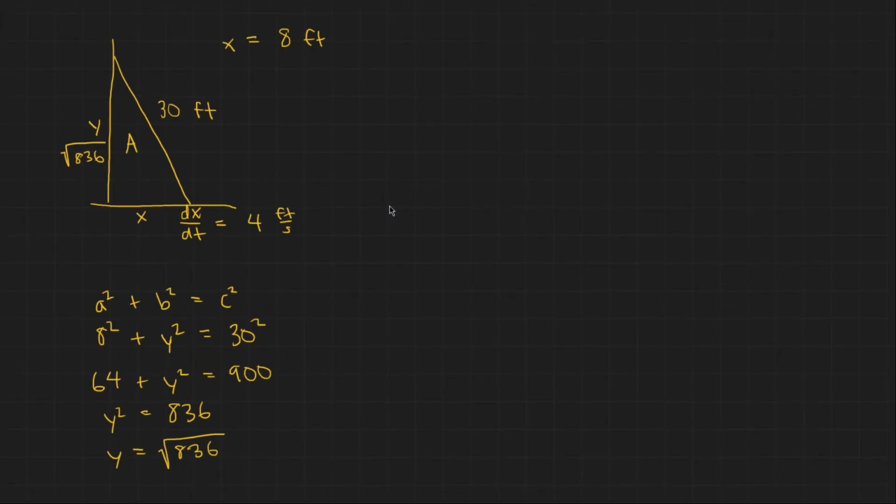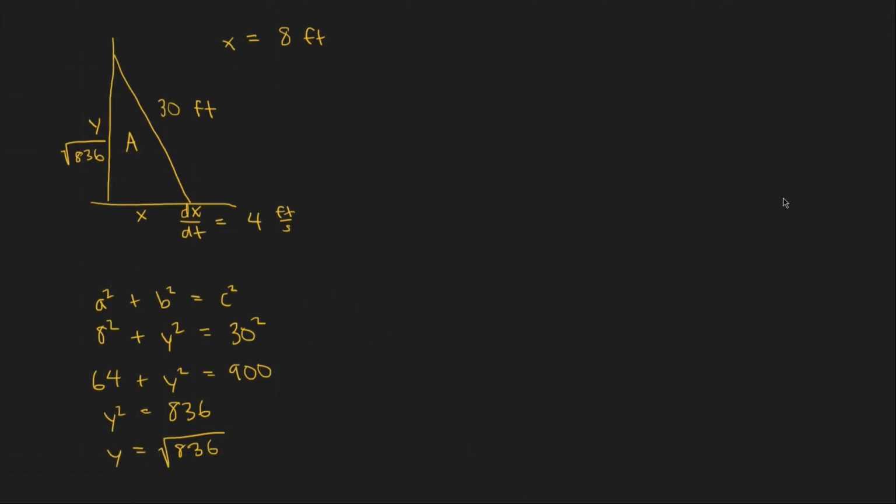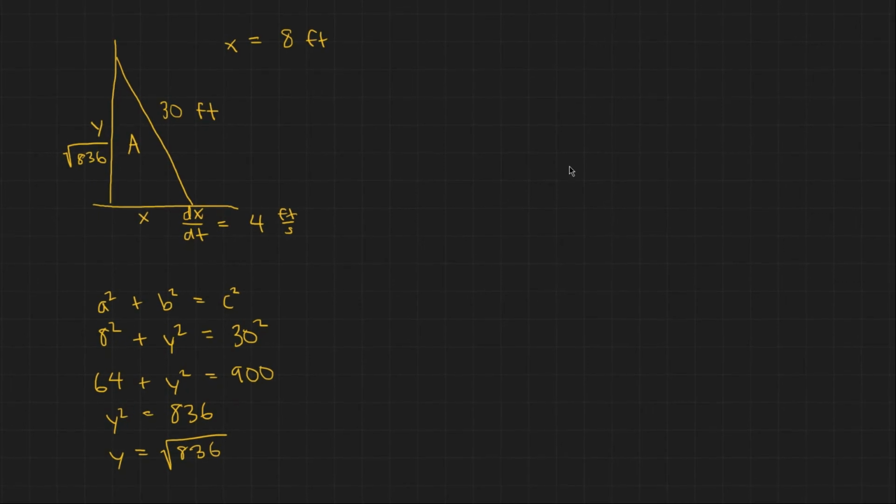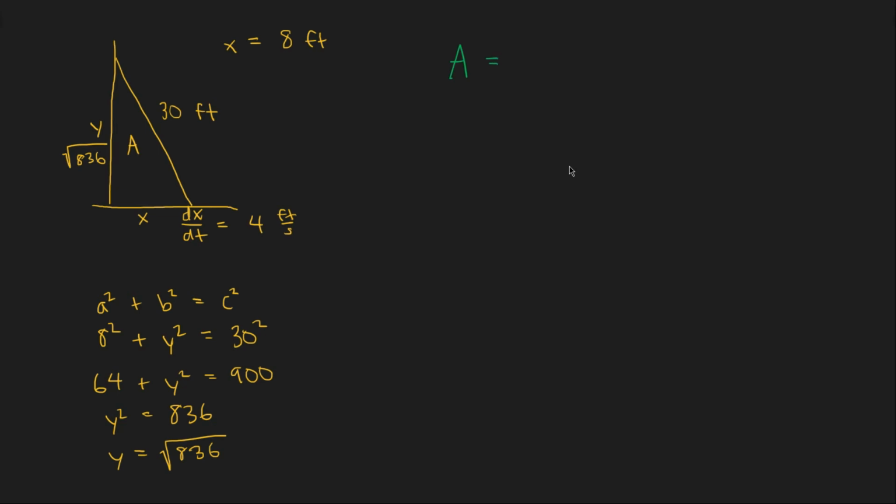So here we've set the foundation for all of our values, and our next step, again, is to find the formula. Like I mentioned before, the equation that we're going to be dealing with is the area of a triangle, and we know that that is just A, or area, equals 1/2 base times height. So there we have our equation, and let's just rewrite that so that we're using these variables.